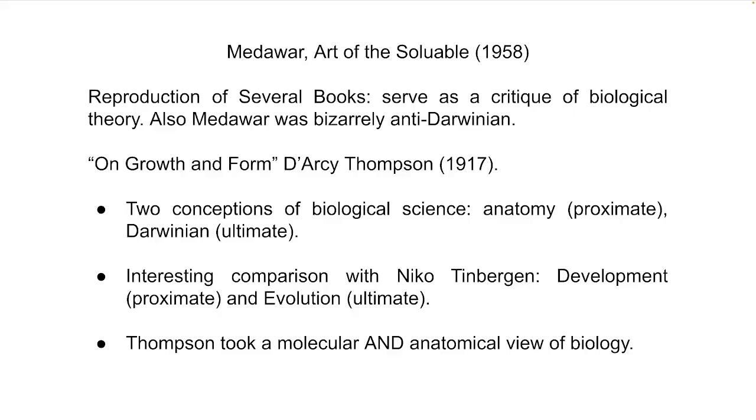And I know that if you think about evo-devo, that's actually not the way they think about biology, that those things are connected. But this is the way they thought about this. And it's interesting that Niko Tinbergen, who was not necessarily a contemporary, but also published on this in the context of behavior, talked about two levels: development, which is proximate causation, and evolution, which is ultimate causation.